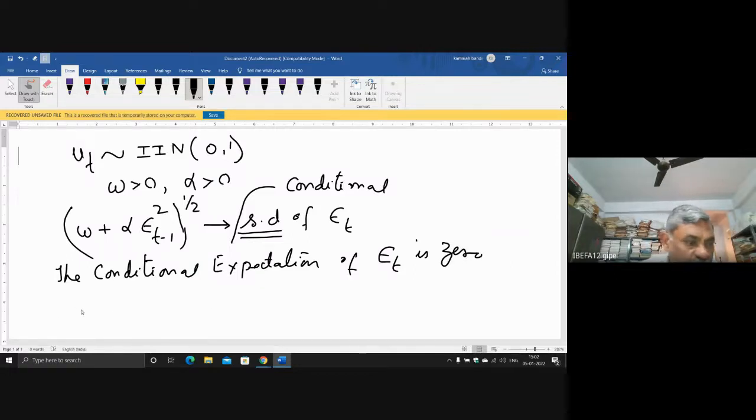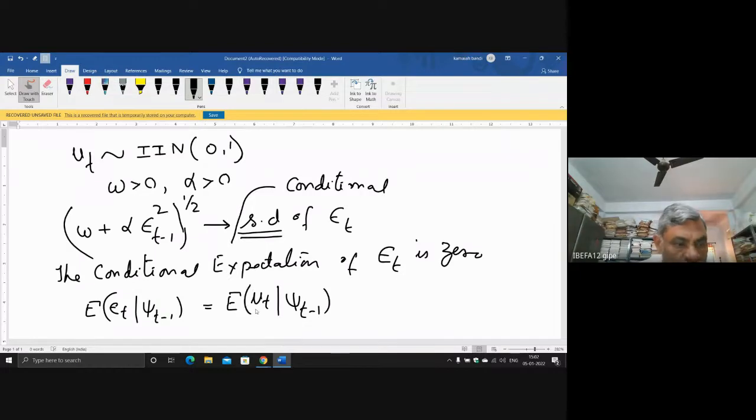Let us prove that the expectation of epsilon t conditional upon the information set t minus 1 equals the expectation of ut conditional upon the information set t minus 1 multiplied by the square root of omega plus alpha epsilon t minus 1 square.